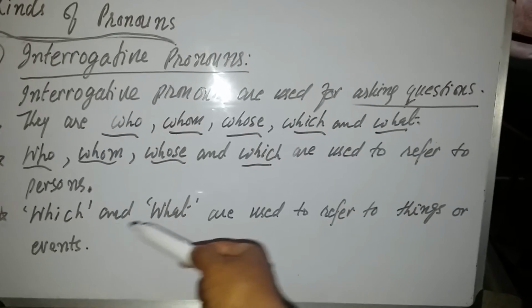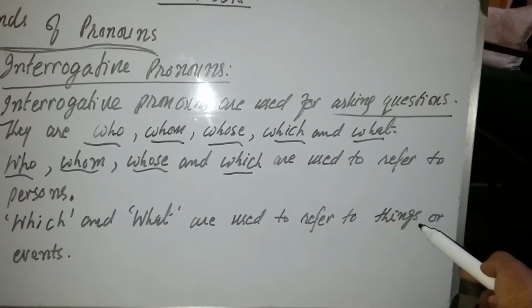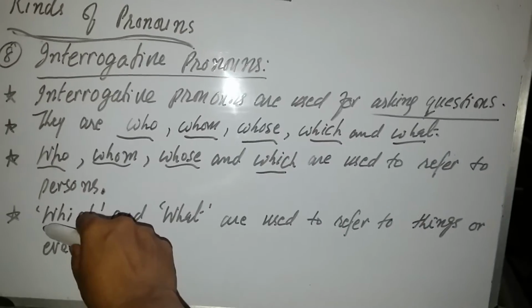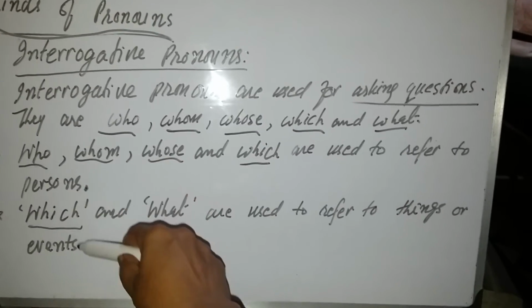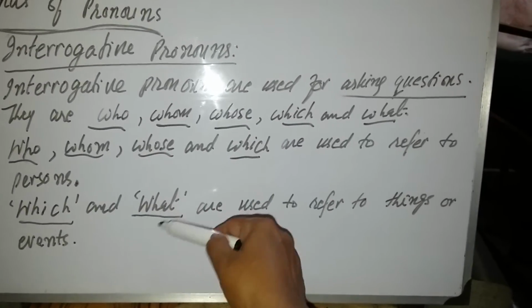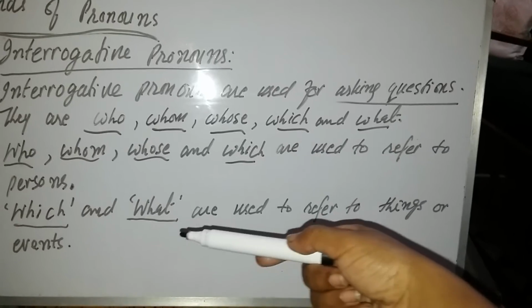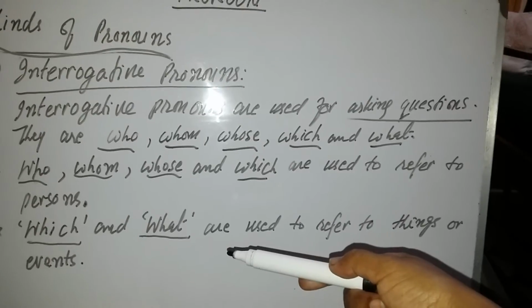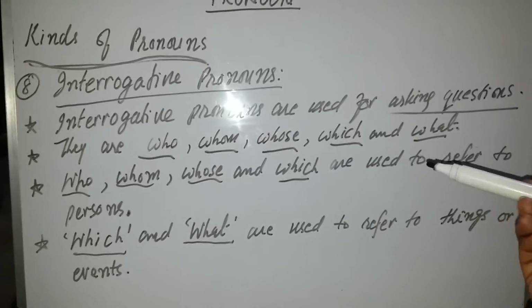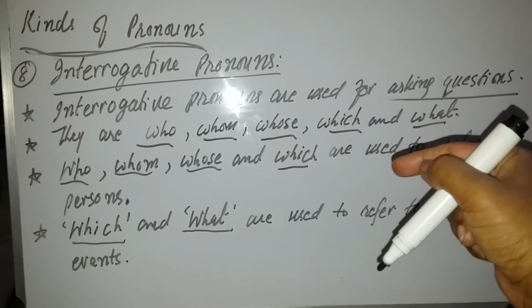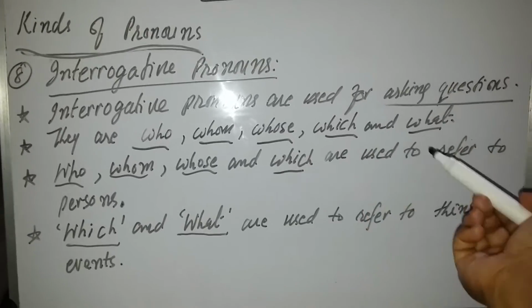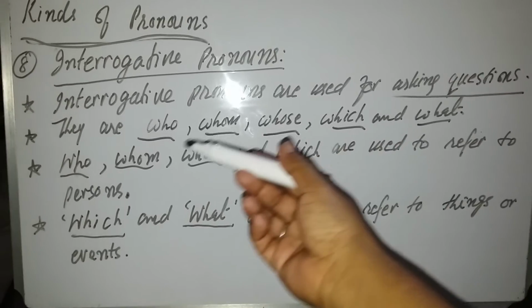And which and what are used to refer to things or events. Which can be used for persons, and also for things and events. What is also used for events and things. As I told you, pronouns are all those words which we use instead of a noun.